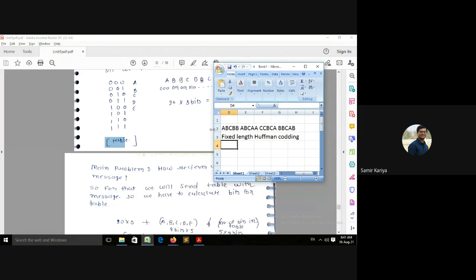So just give me the answer. How many bits do you have to send for this 20 character message with fixed length Huffman coding? How many bits? For your reference, that will be the PPT example, and then try to solve this example.